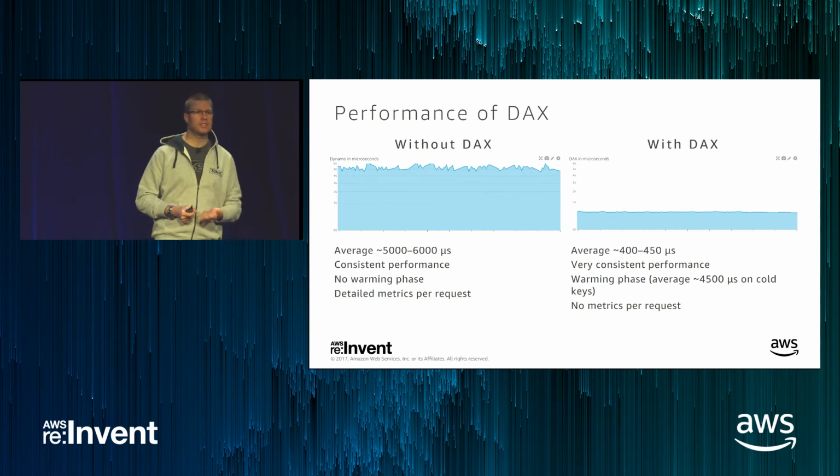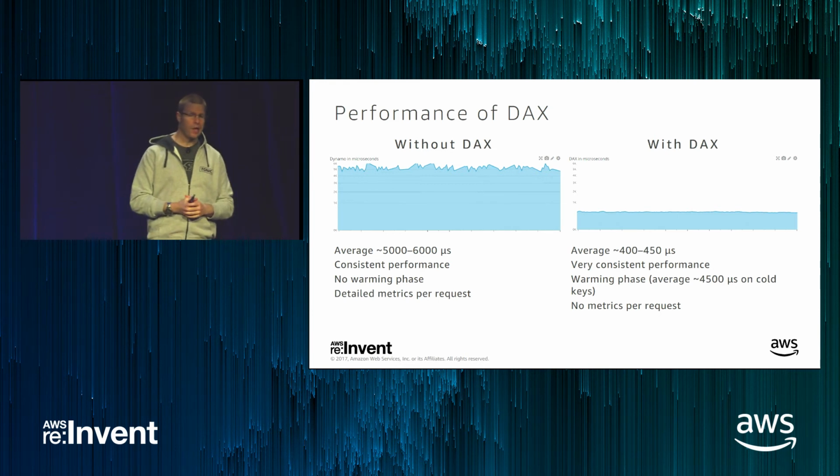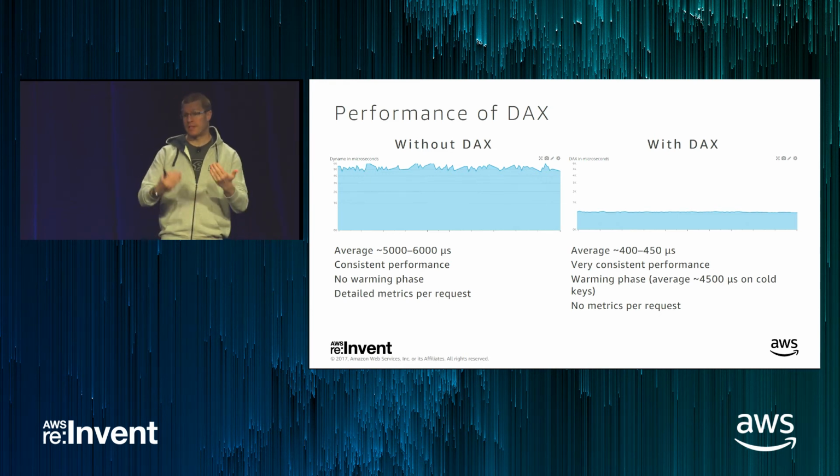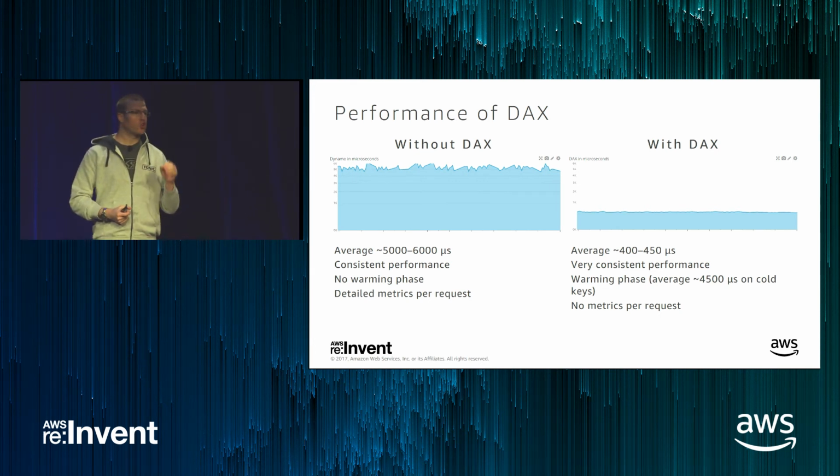We have a very consistent performance, around this 50 microseconds. Obviously, we have a warming phase because now we're talking to a cache. But what we've seen in our application was that even on cold keys, the average is below what we're seeing on average against DynamoDB.